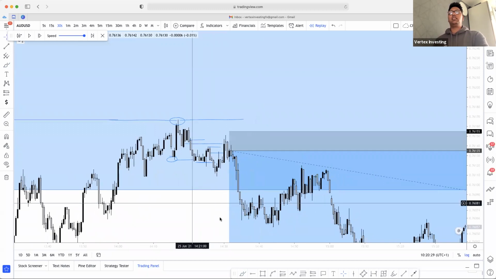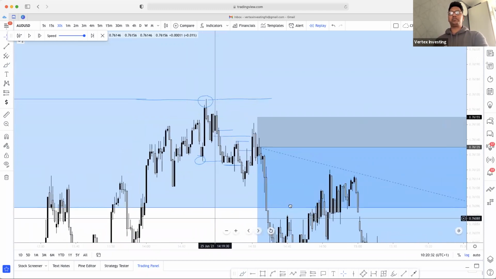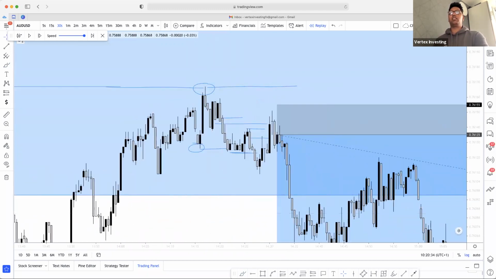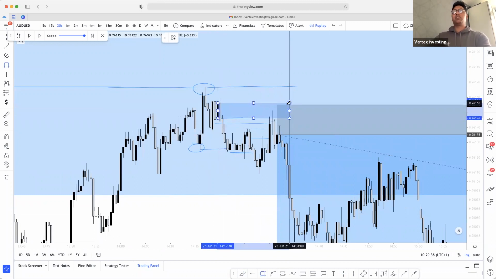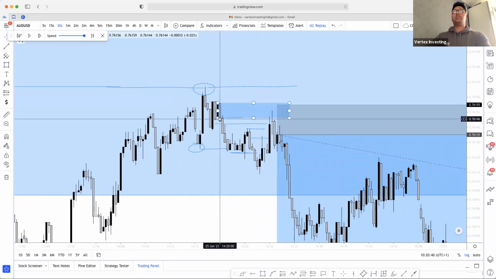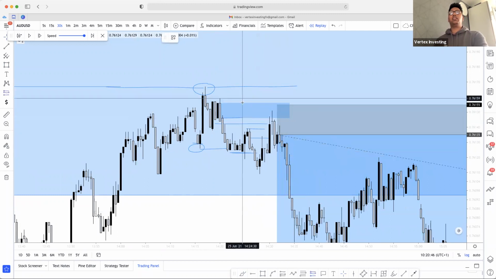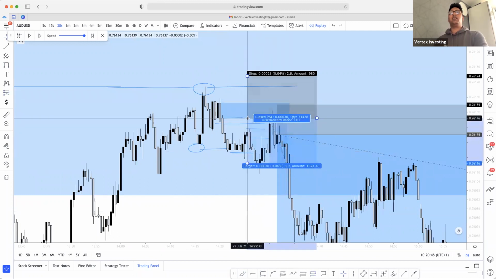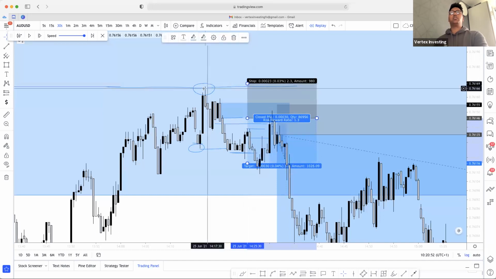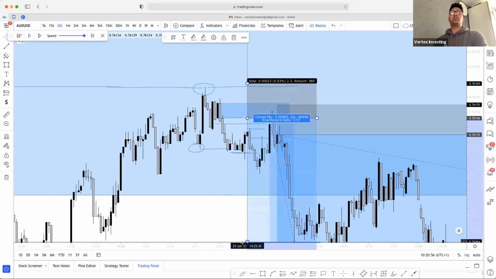So what I did is from here, if I zoom in, and I don't want to be too confusing to your viewers, to be fair, but that was a candle that caused the move, right? That caused that first impulsive move. I didn't trust it enough to go straight off that, because what you could have done is place a stop loss, and again have a conservative stop loss above the mitigation point, and then place a TP at that structure point, right?